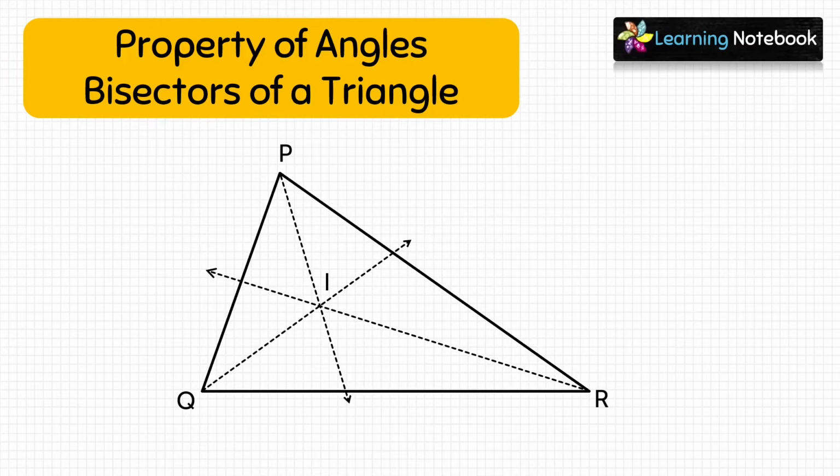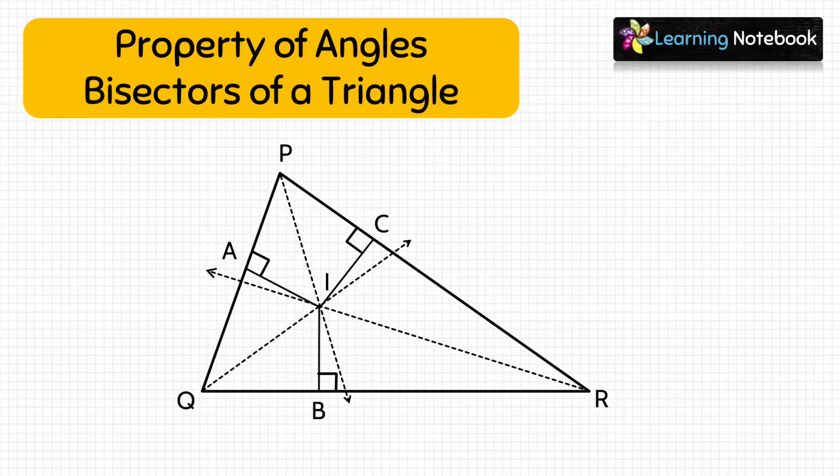Now students, note here that the point of concurrence of the angle bisectors of a triangle is always in the interior of the triangle. Now let's draw perpendiculars IA, IB and IC respectively from I onto the sides of the triangle PQ, QR and PR.